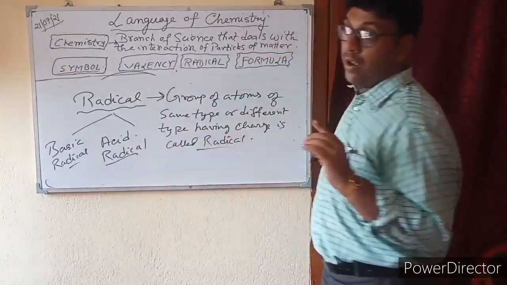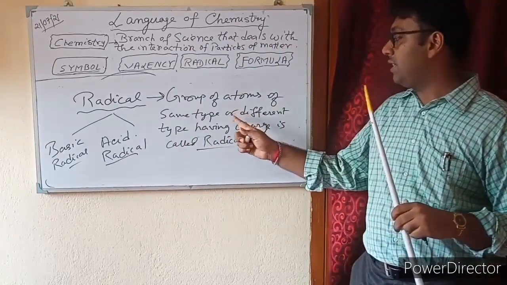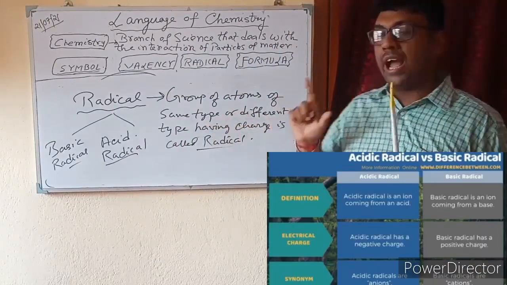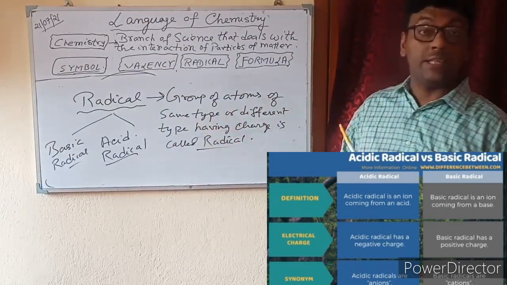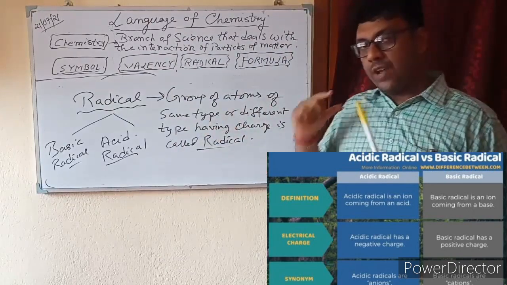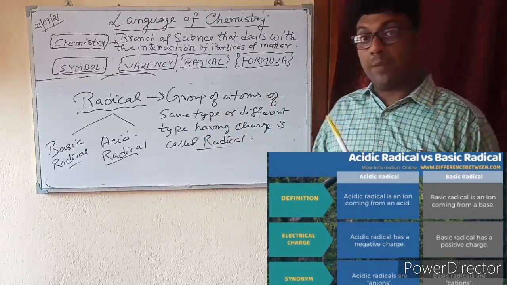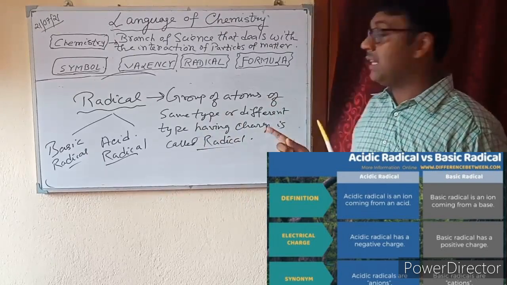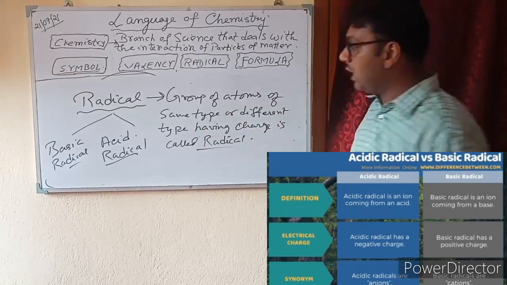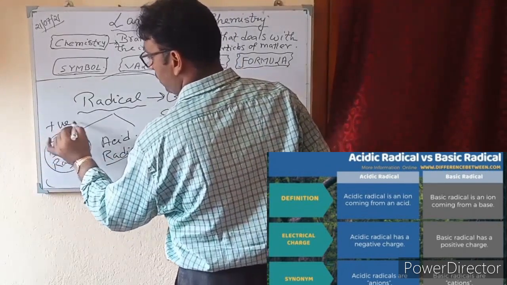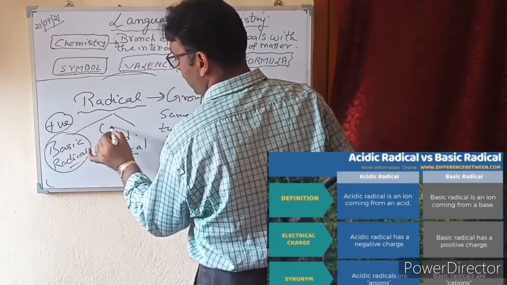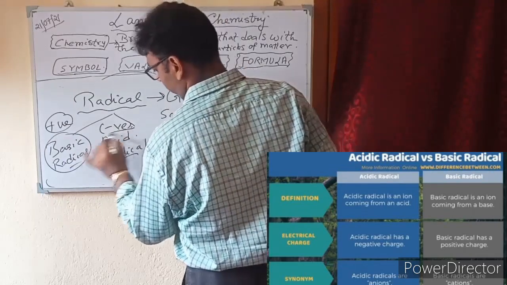Example, basic radical. Now see radicals, just now in the definition I said same type or different type. If the atoms having charge are of the same type, this is called a simple radical. And if the group of atoms are of different atoms, then they are a compound radical. So just for example, see basic radical, this is positive in charge, and acid radical, that one is negative.